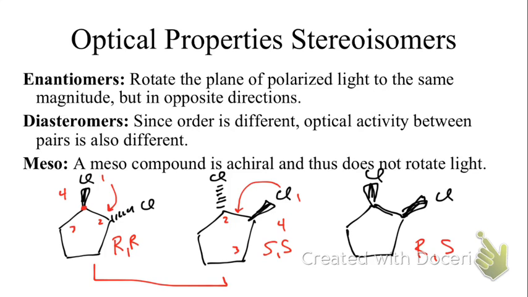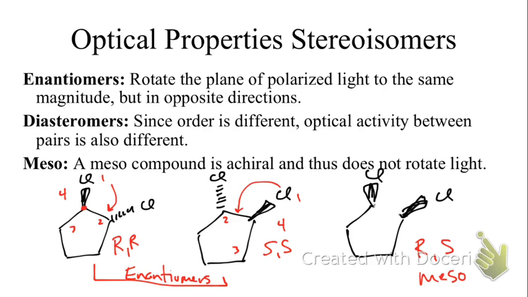When we compare our first two structures, what's the relationship between those? Well, enantiomers, the relationship is mirror images, or right hand, left hand, or R and S. So if we start RR and we move to SS, our relationship is enantiomers. If we take a look at our last one, if we have an equal mix of R and S, what we're looking at is a meso compound.